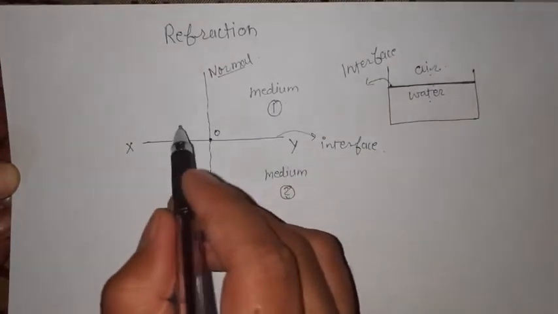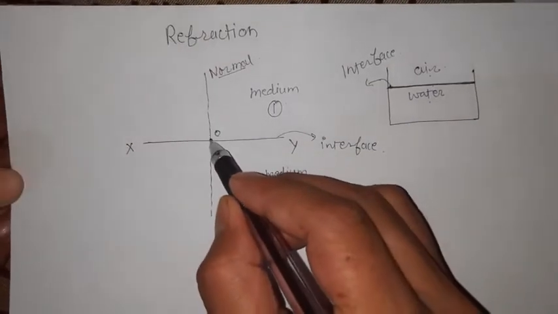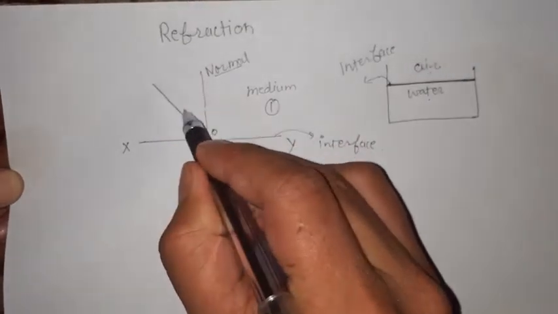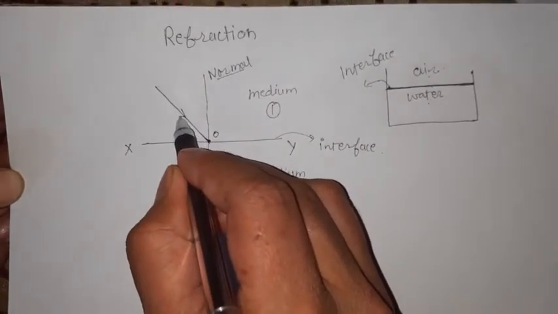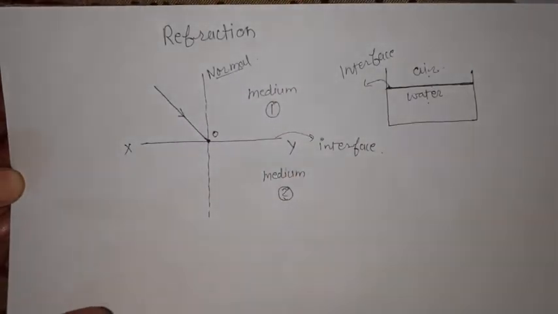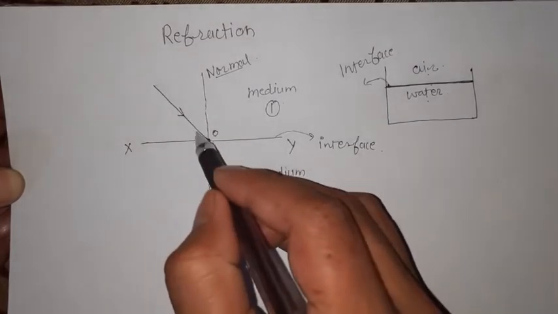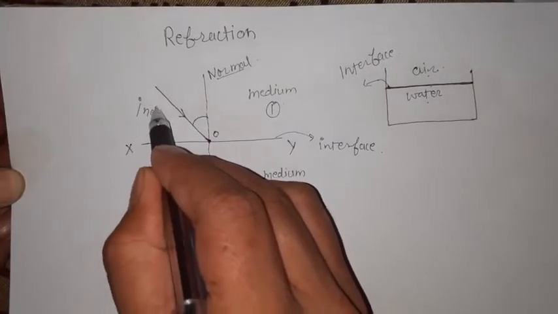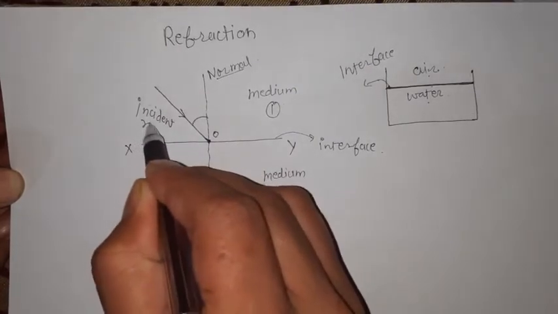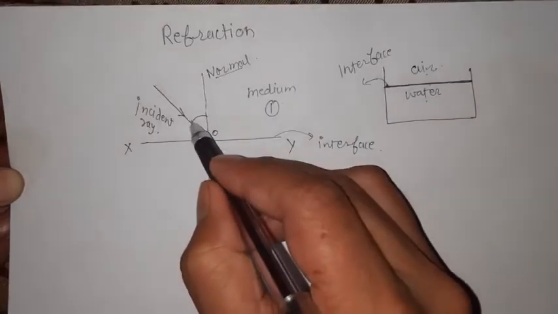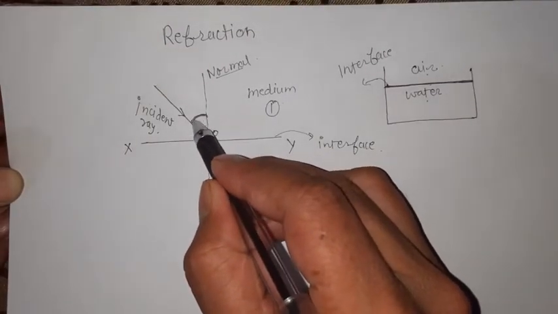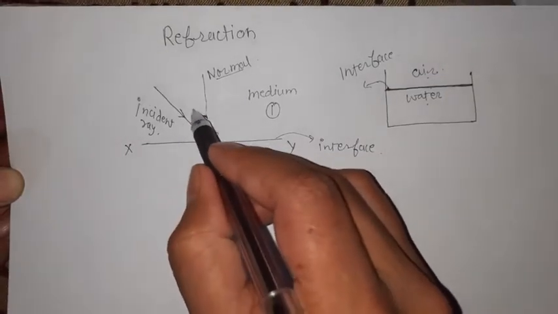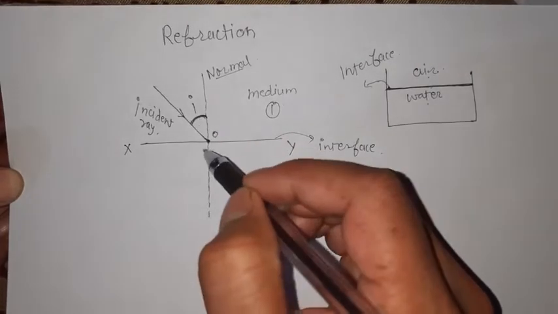Now a ray of light falls directly on this point O. Here is the ray of light which is coming to fall on point O. This ray of light which is falling here is said to be the incident ray, and the angle at which it falls, the angle between the normal and the incident ray, is the angle of incidence.